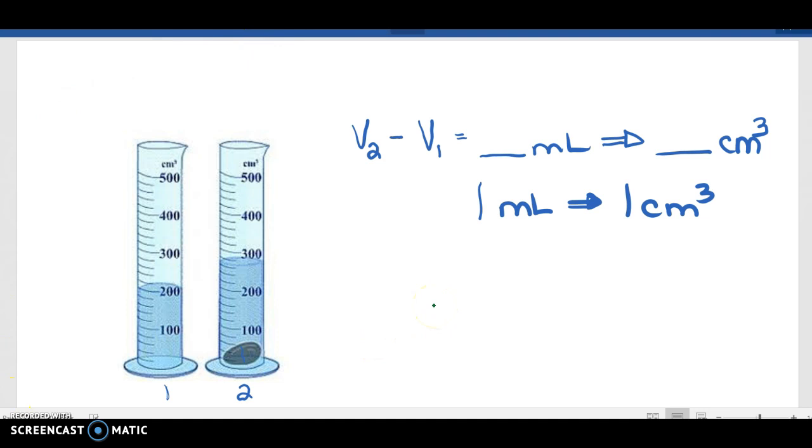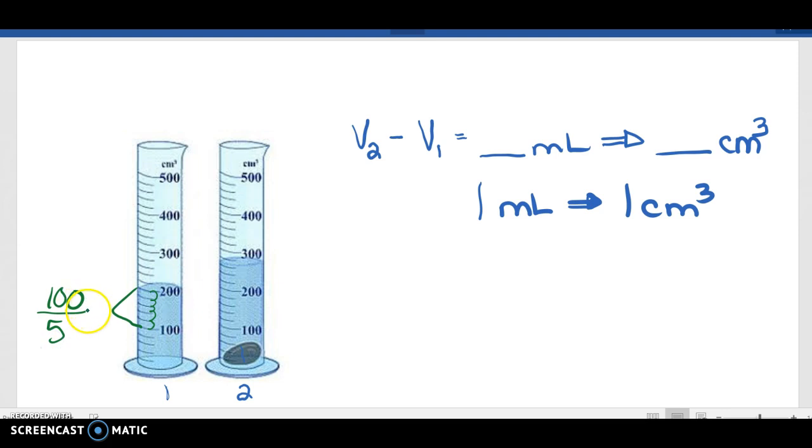All right, let's compare our answers. First of all, I'm going to start with taking the volume of just the water. And so I'm going to go from one numbered line to the next. The difference between 200 and 100 is 100. And that is divided into 1, 2, 3, 4, 5 intervals.